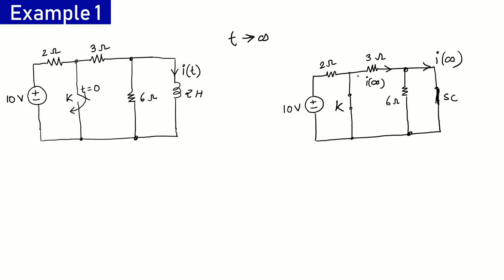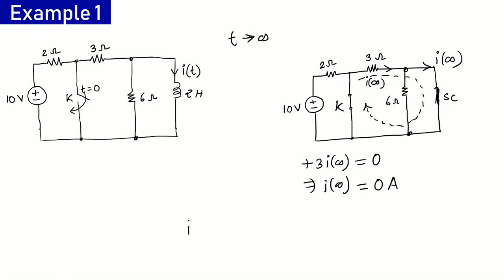Here also, if we write KVL for this loop, which I am showing with a dotted circle in a clockwise direction, the equation will be plus 3 into i(infinity). There is no other element here, and this becomes 0. So the steady state current through the inductor will be 0 amperes. Hence, we have calculated i at infinity also, and it comes out to be 0 amperes.